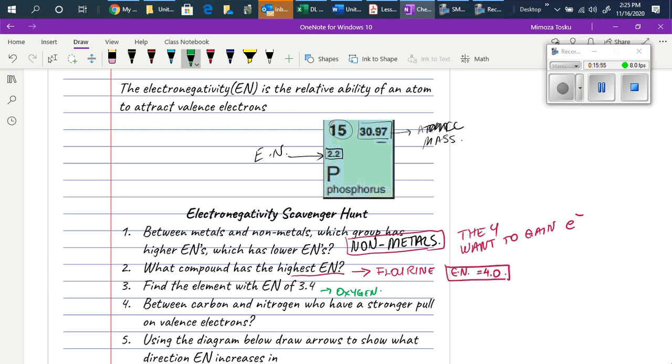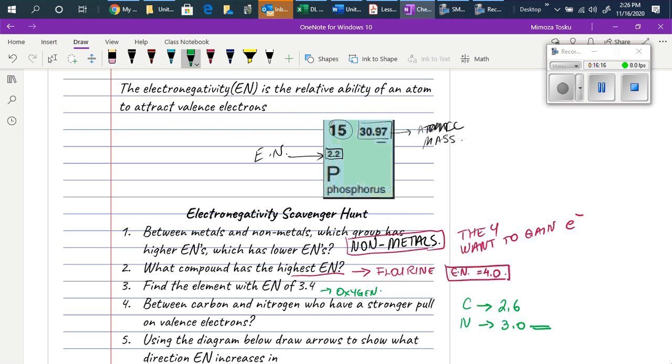Then between carbon and nitrogen, who would have a stronger pull on valence electrons? So now if we take a look, carbon has an electronegativity of 2.6 and nitrogen has an electronegativity of 3.0.